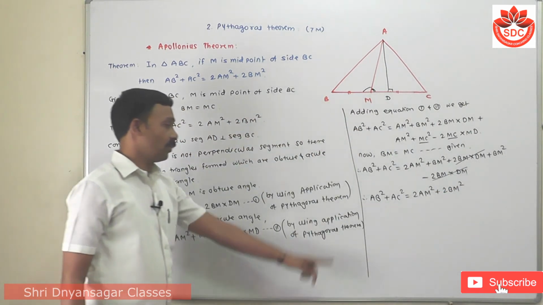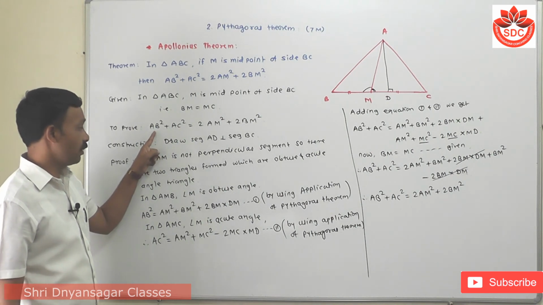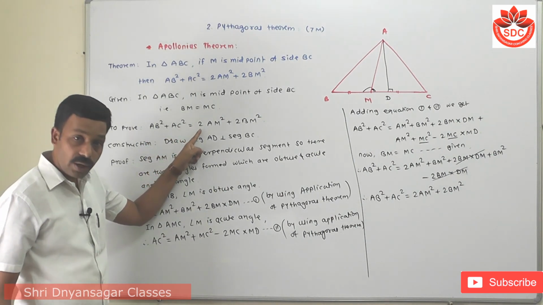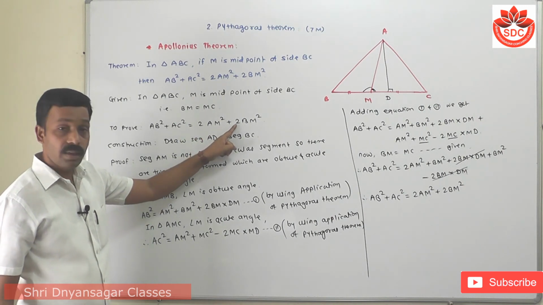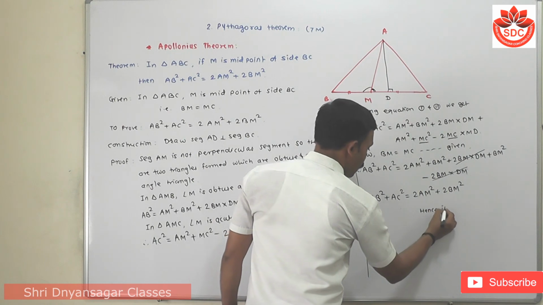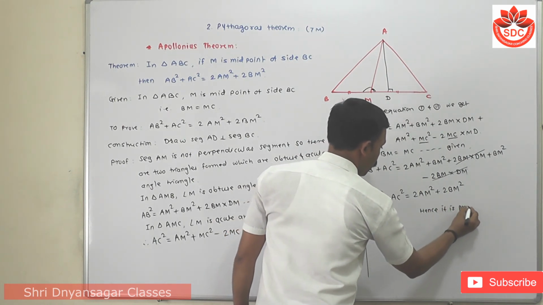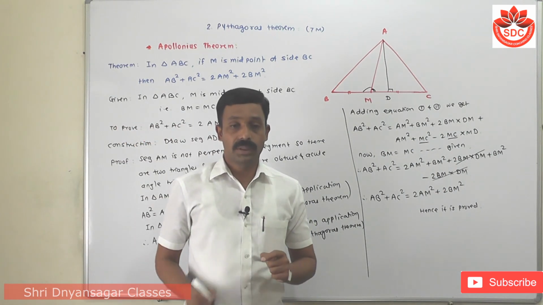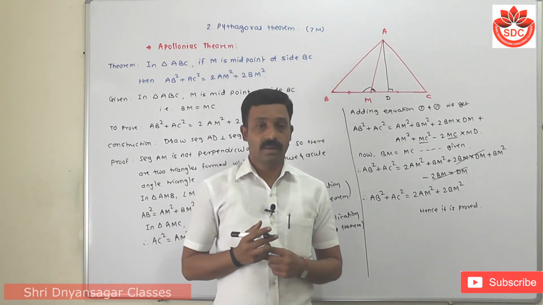Now look here student, this statement and this statement: AB square plus AC square is equal to twice AM square plus twice BM square, hence it is true. Student, this is a very important theorem which is called Apollonius theorem. Can you understand?